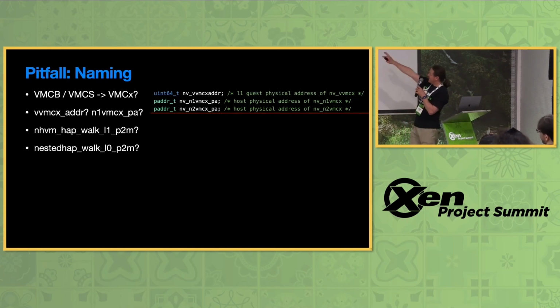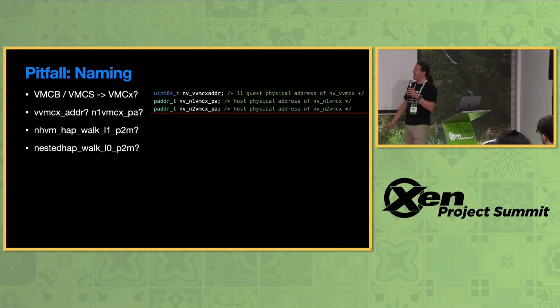So you get things like NV VMCX, and 1 VMCX PA and 2 VMCX PA. So what is this here? Obviously the VMCX is the VMCS 12, the N1 VMCX is the VMCS 01, and the N2 VMCX is the VMCS 02.